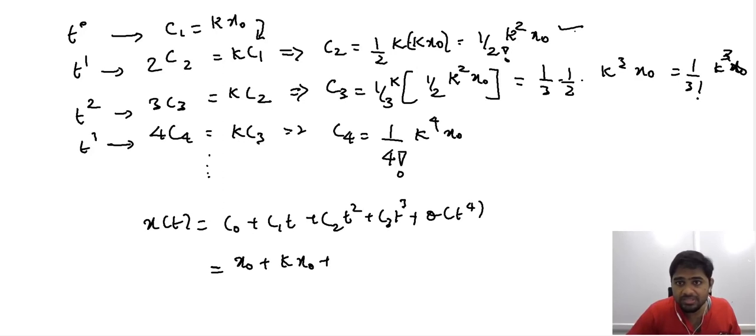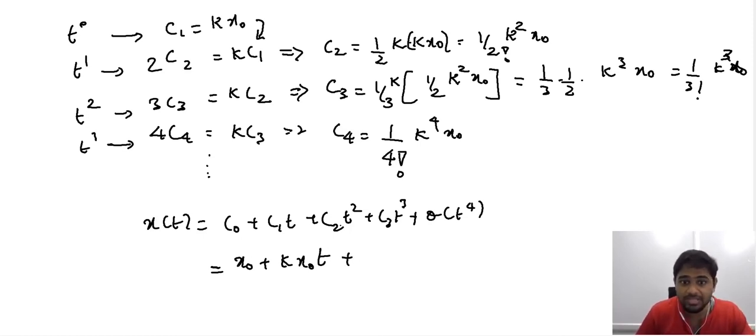Now let's substitute C2. The C2 is 1 by 2 factorial K square x naught. Pardon me, we are losing the term t here. So it's not just C0, but C0 plus C1t, so we need to have the t here.